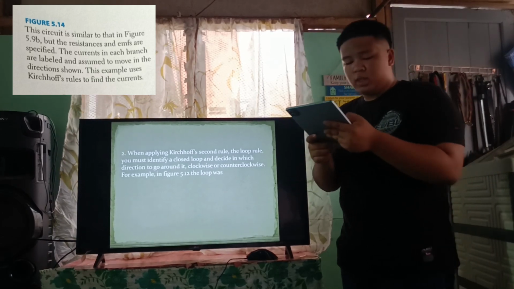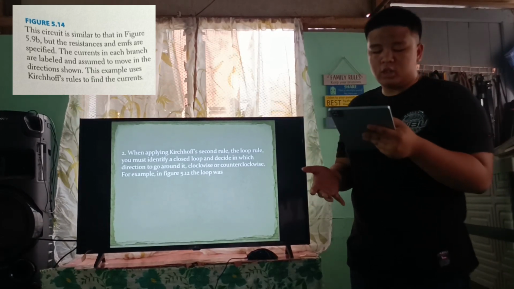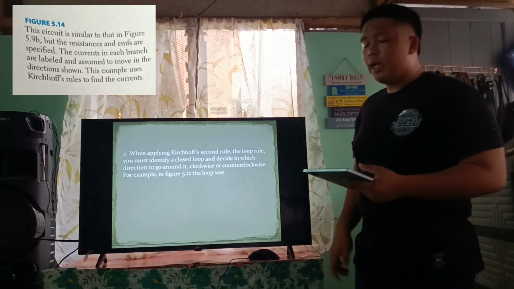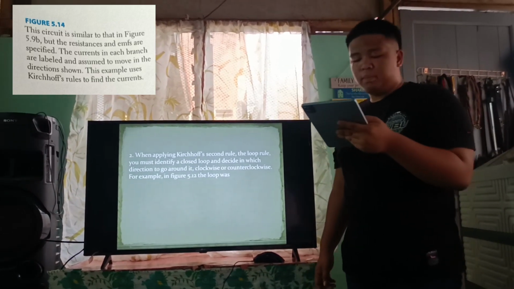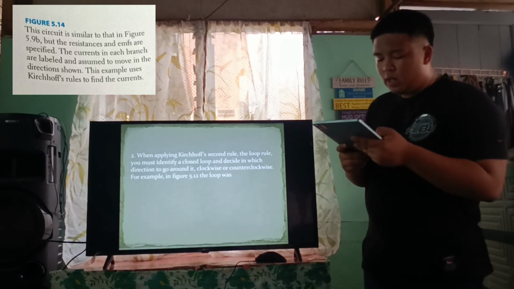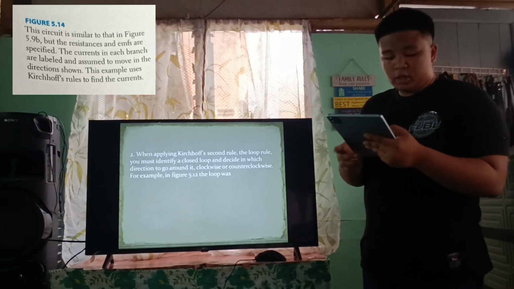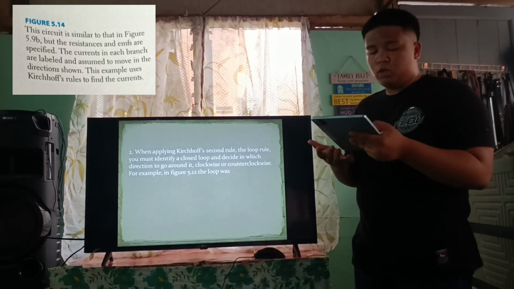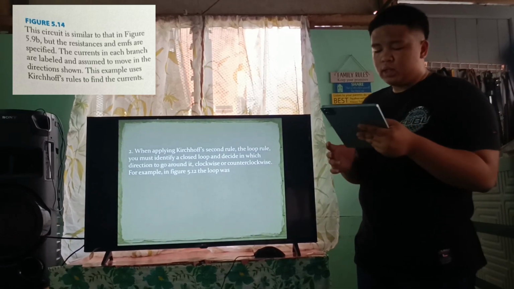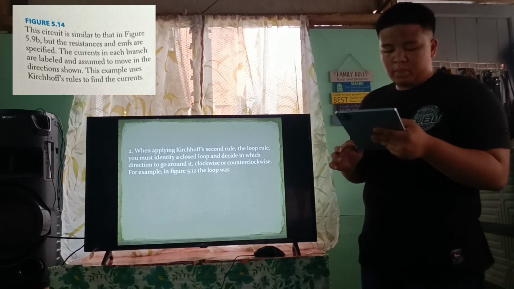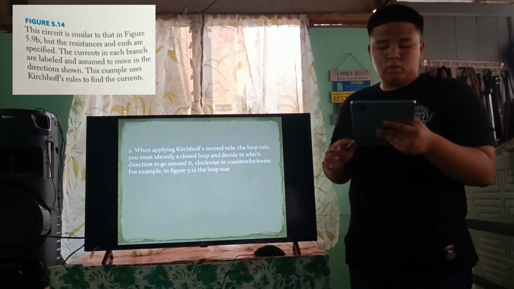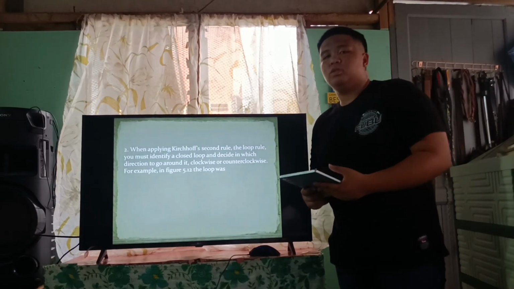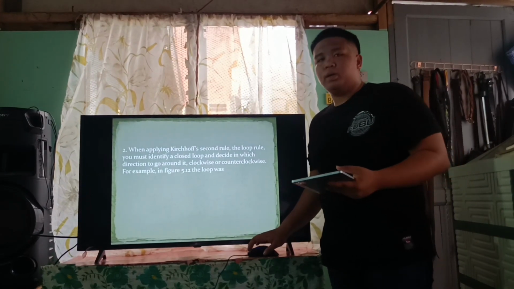This helps us understand how voltage changes as we move through the circuit. By applying Kirchhoff's rules, we set up equations that help us find the unknowns in circuits, like currents, voltage, or resistance. It's like following a set of rules to solve a puzzle. Once we apply the rules correctly, we can find the answer we're looking for. So that is my topic explained.